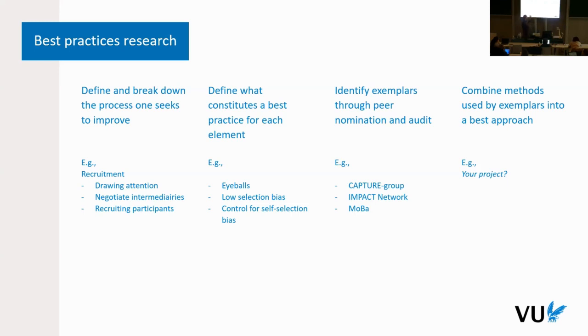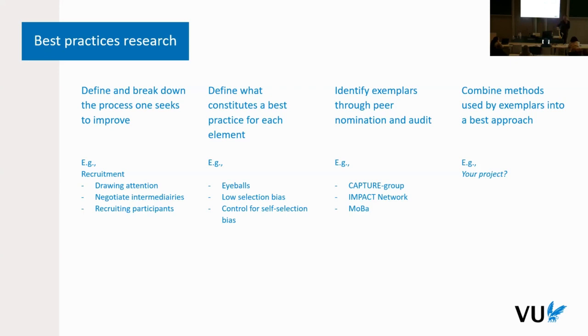You would say, well, for recruitment, I want a lot of eyeballs. If I have a practice that reaches a lot of eyeballs, then that's a good practice. But also I want low selection bias, and also I want to control for low self-selection bias. Let's say that these are your criteria, and then you may start looking for practices, asking your colleagues to nominate practices that they consider to be potential best practices.